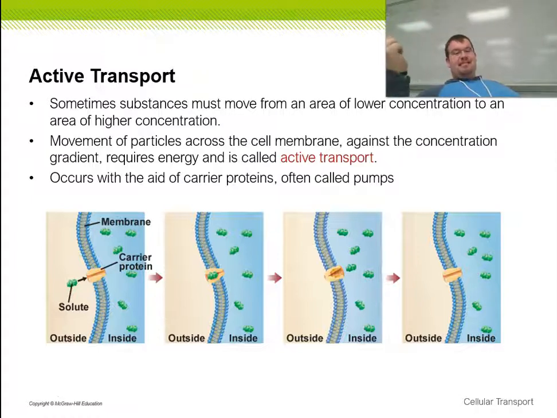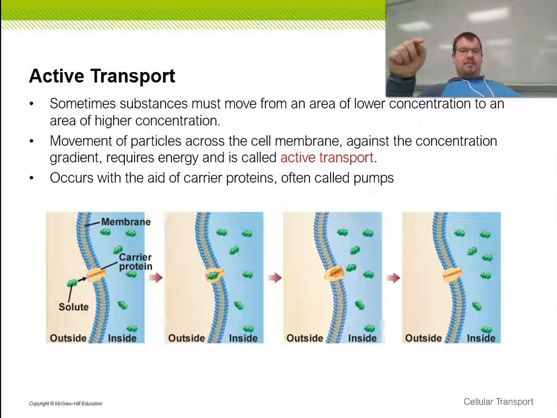What happens is this requires energy, and it is active transport. That's what's taking place. This will occur with the aid of carrier proteins, and they're often called pumps.